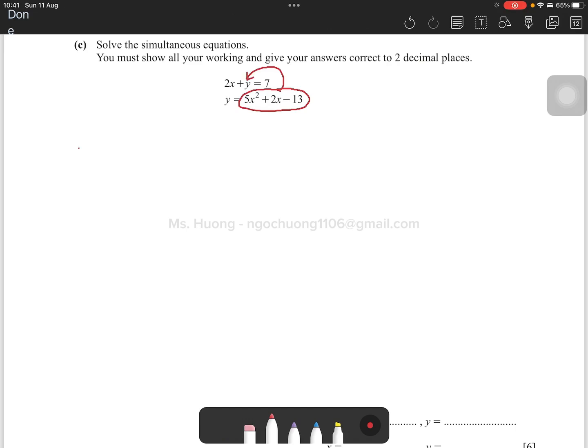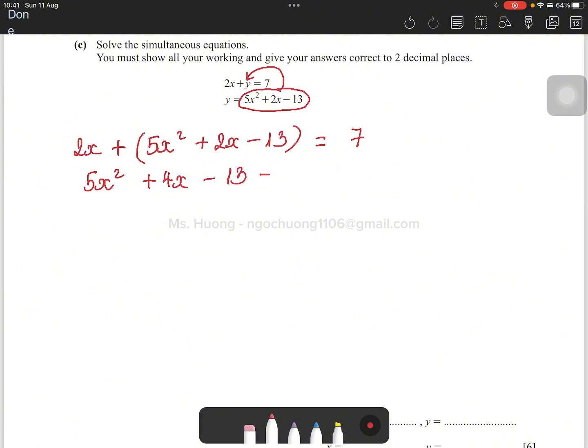So the first equation, 2x, instead of writing plus y, I'll write plus 5x squared plus 2x minus 13. This is the value of y, and it is equal to 7. And now we simplify this equation. 5x squared, 2x plus 2x is 4x minus 13.